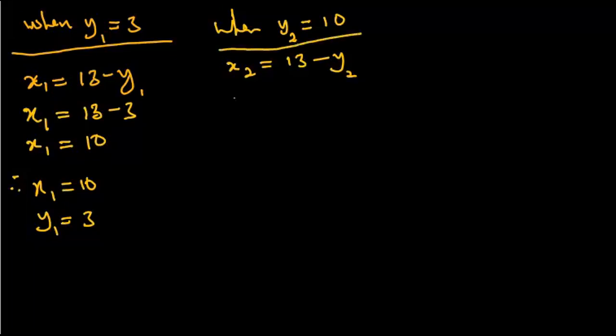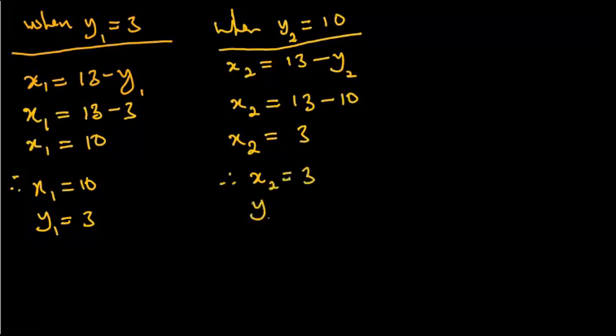So the second value of x is equal to 13 minus the second value of y, which is 10, and we have x sub 2 equals 13 minus 10, which is 3. So therefore the second value of our x is 3 whenever the second value of y happens to be 10.